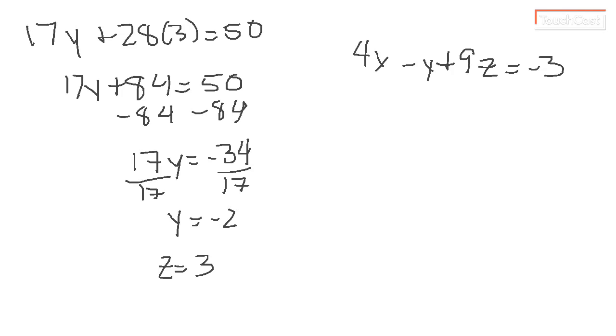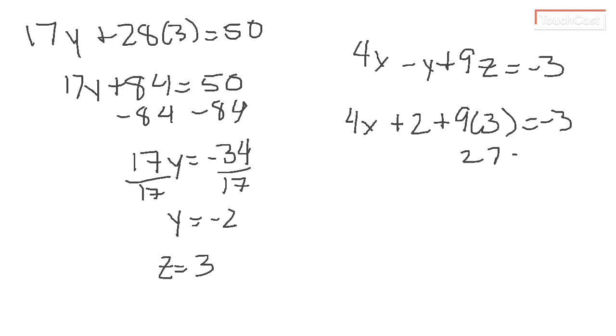So we're going to have 4x minus negative 2, so plus 2, plus 9 times 3 equals negative 3. Well, 9 times 3 we know is 27. If we add 2 to that, we're going to get 29. So 4x plus 29 equals negative 3.